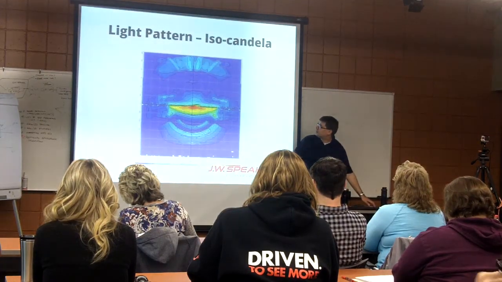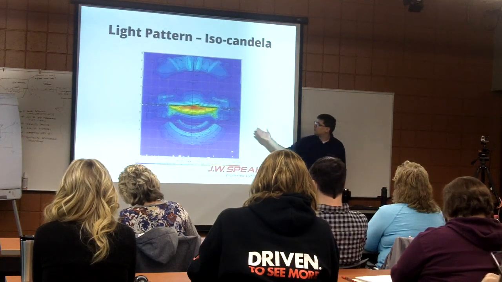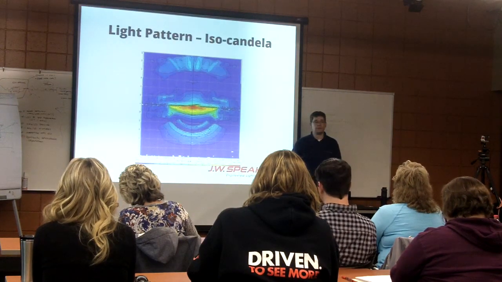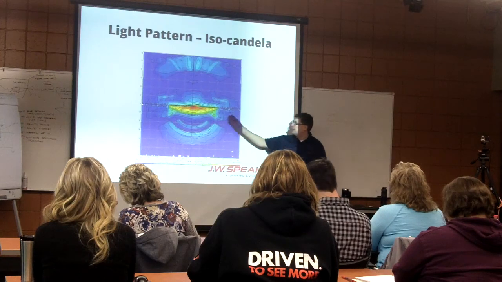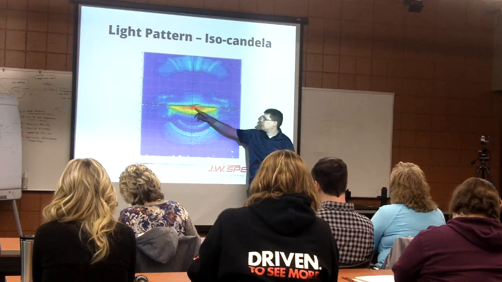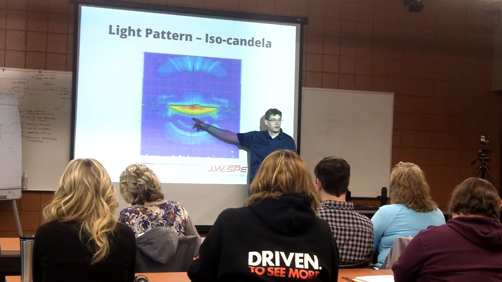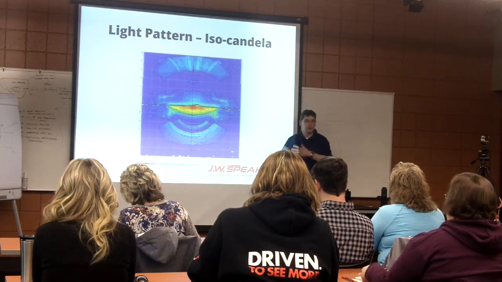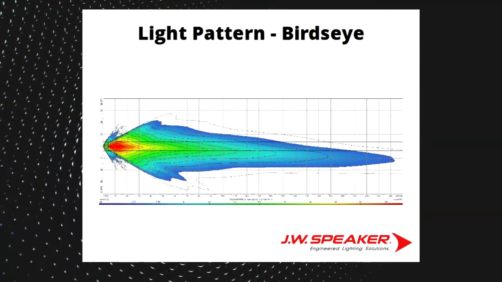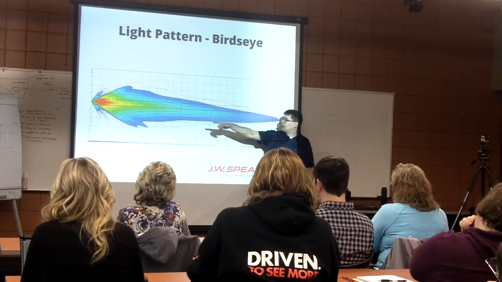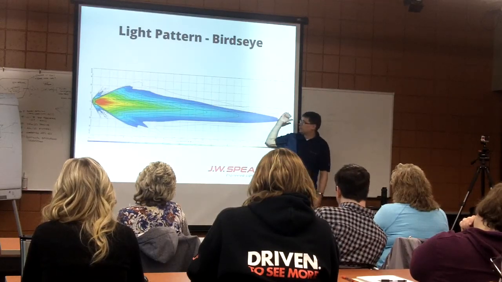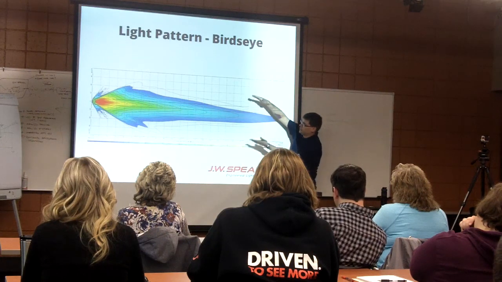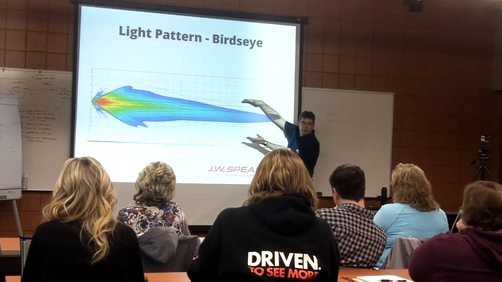I have an isocandela plot here, which I think we used to go over the same terms, but Dragan already did that. We've got the overall spread, the punch, the foreground light, and then the uniformity and the brightness. In this case, you can see this from the bird's eye diagram as well. In the bird's eye diagram, the vehicle's over there on the left, pointing to the right. You can see the overall spread of the pattern.